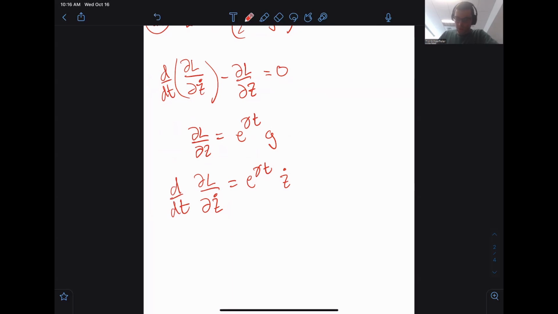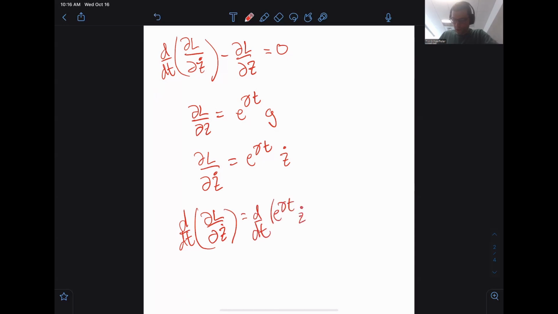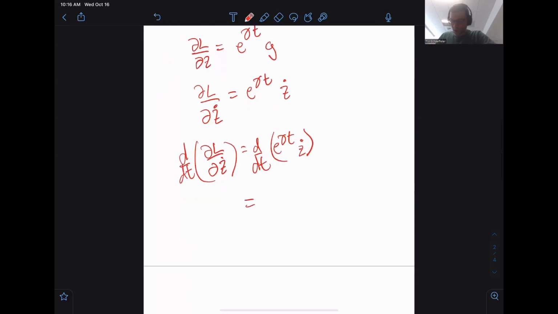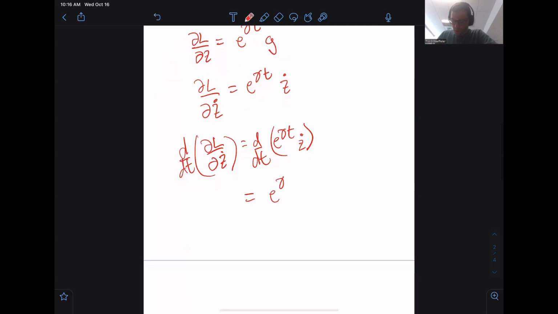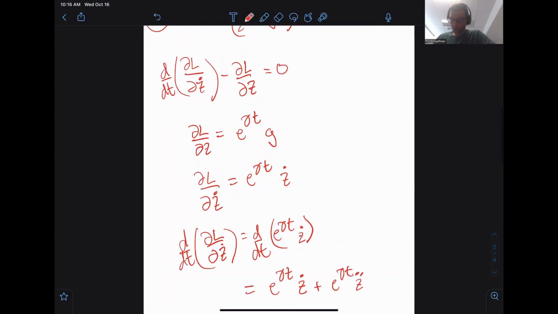So you have to use the chain rule. Okay, now we put those things together.